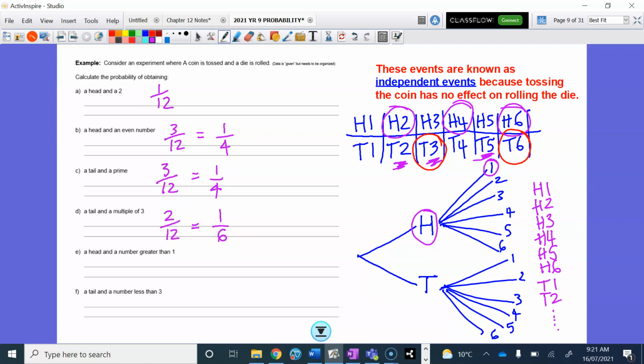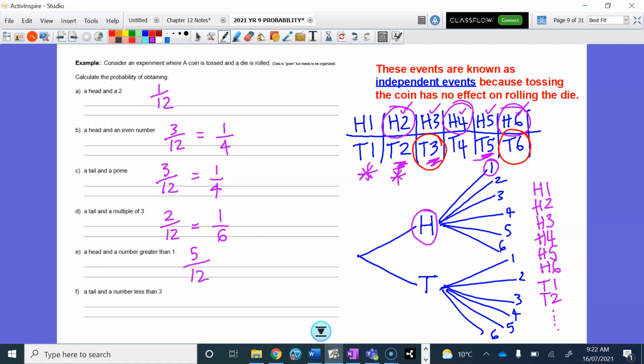And a head and a number greater than 1: so a head and a 2, 3, 4, 5, 6. We have 5 possibilities out of 12 possible outcomes. And a tail and a number less than 3: less than 3 is 2 or 1, with a tail.